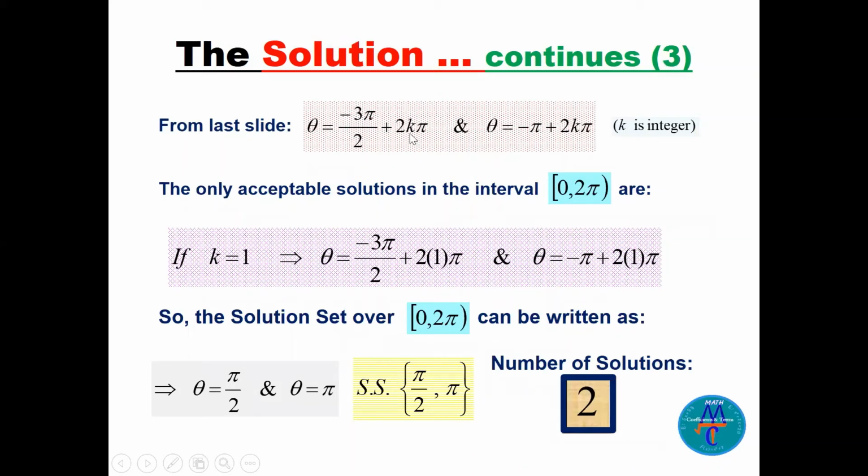If you put k as 2 or more, you will get angles outside the condition here. So if k is 1, then theta will be pi over 2. See that one here? And if you put k is 1 here, theta will be pi. So these are the two solutions, and the number of solutions is 2.